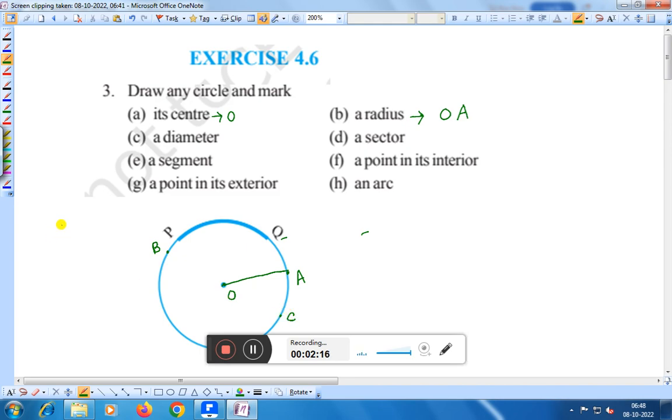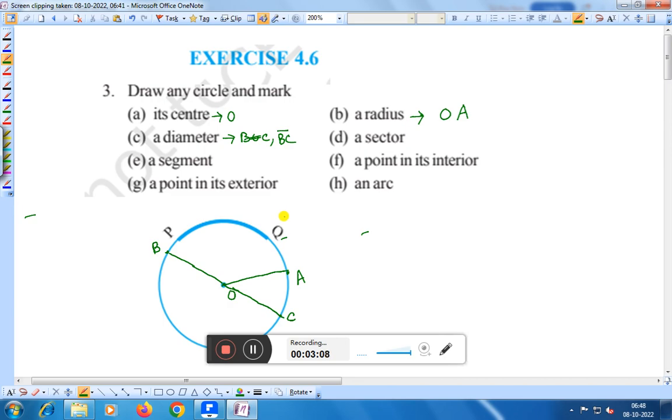If we draw B to C, from B passing through O, then BOC is the diameter of the circle, or we can say BC. BC is the diameter of the circle.